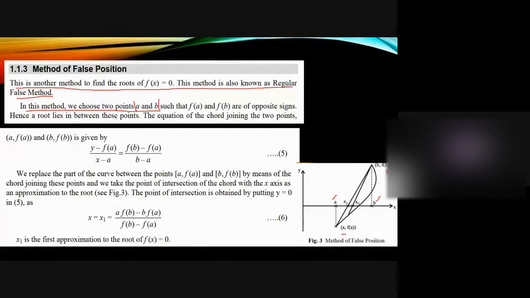It's clearly understood. The equation of the chord joining the 2 points. So the 2 points are joined by this chord, or even this chord also. Okay, this chord is joining that one.